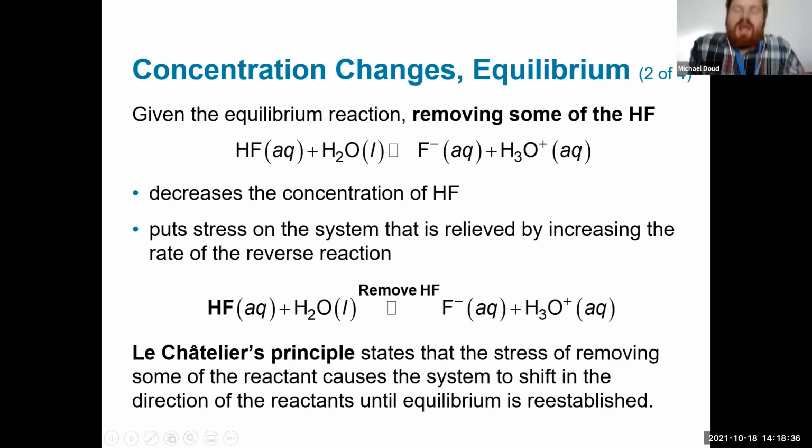Okay, now what if we had a reactant that reacted with the HF and so removed it and decreased the concentration of HF? If you decrease the concentration of HF, that puts a stress on the system.